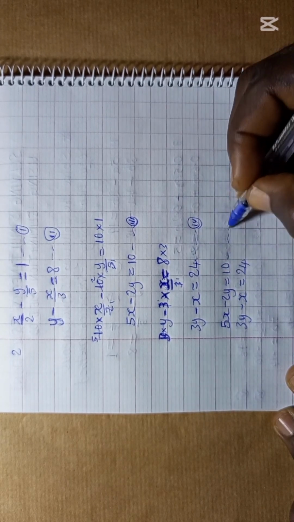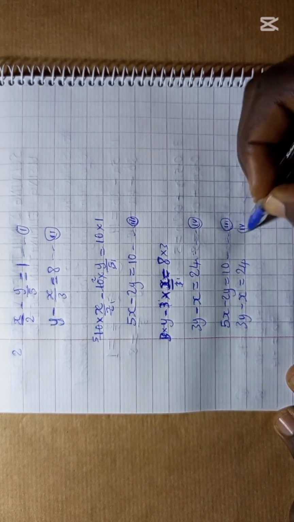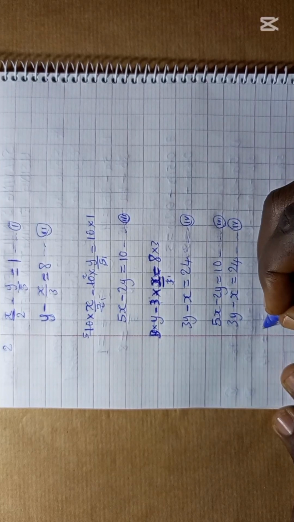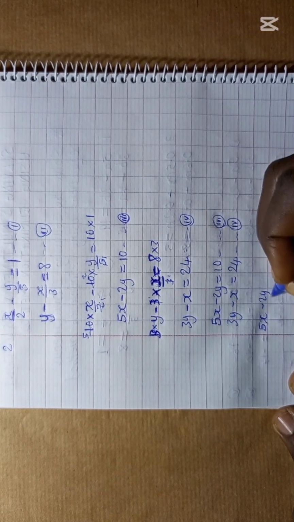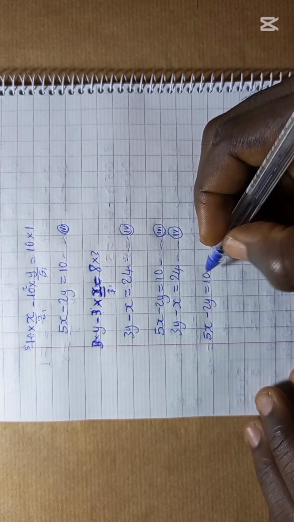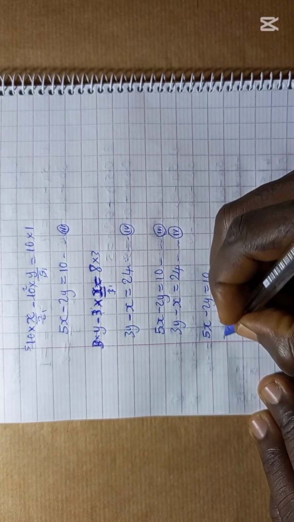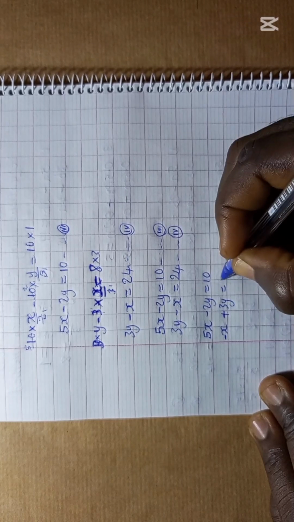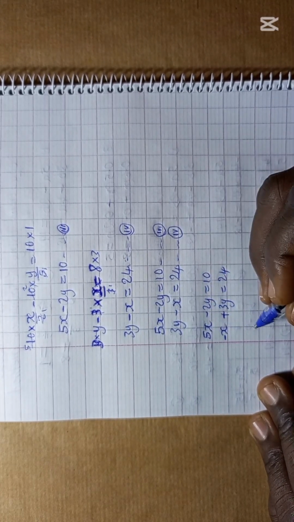So we have 5x minus 2y is equal to 10, and this one now comes to the front, that is minus x plus 3y is equal to 24. So they are now in line together.